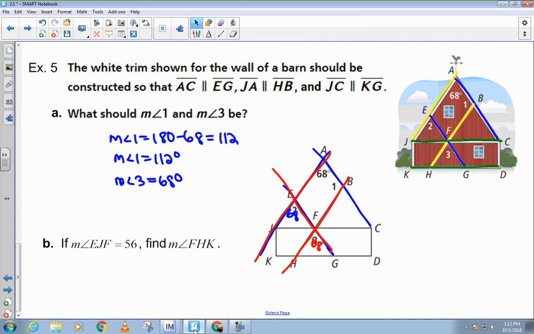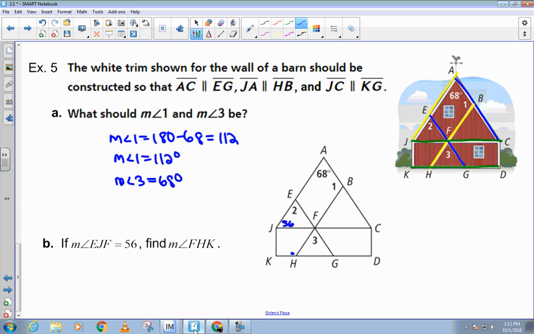Yeah. Okay. So, we've got one more to do here. Okay. EJF is 56 degrees. Okay. We want to find FHK. FHK is this little angle right here. Alright. So, let's see. Might have to work our way there.